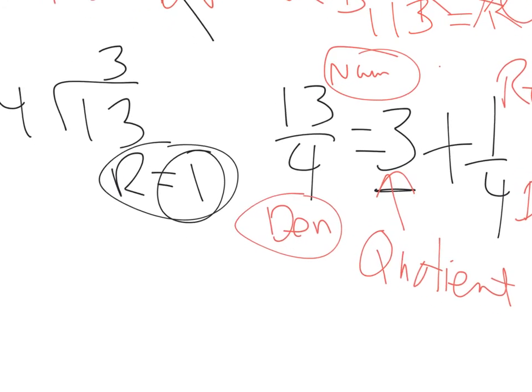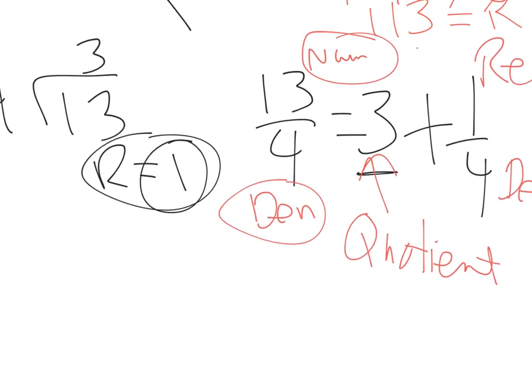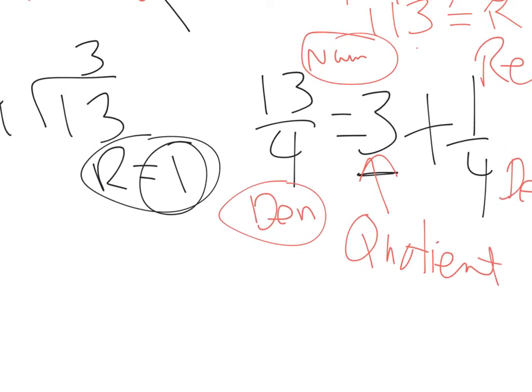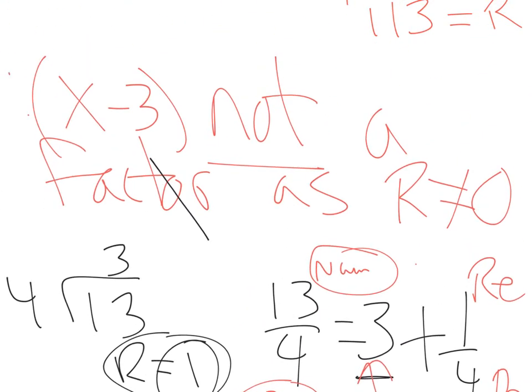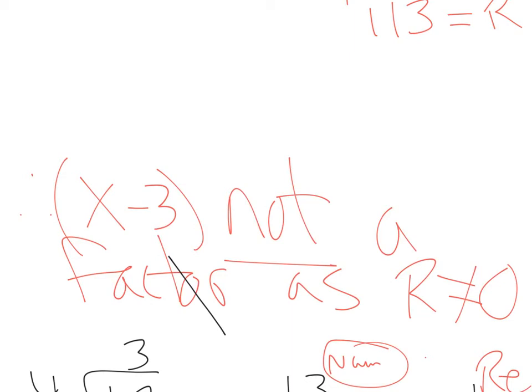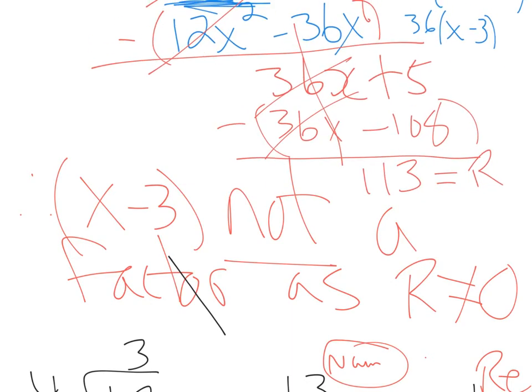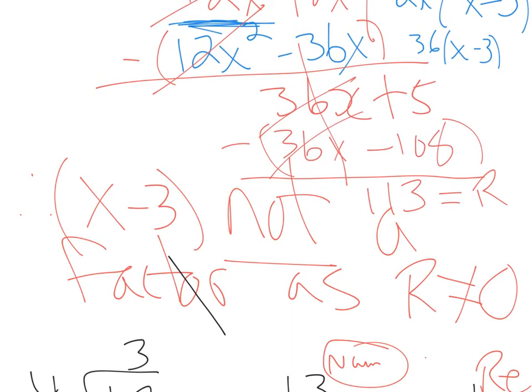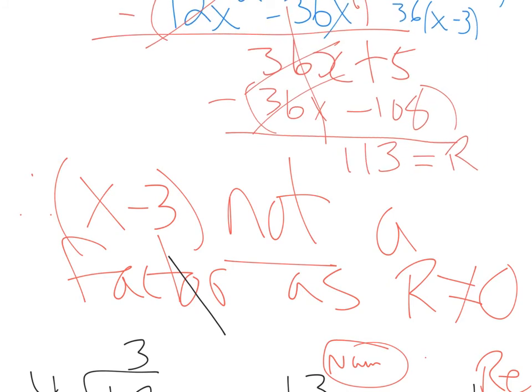So if I had, for example, let's look at this very last question here, which is way up here. Actually, I don't think I'm going to be able to get up there.